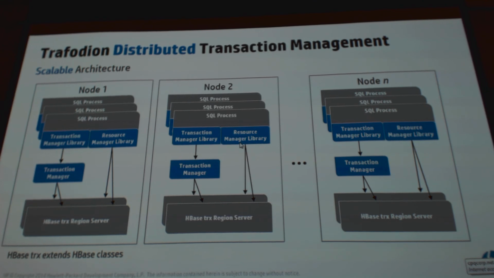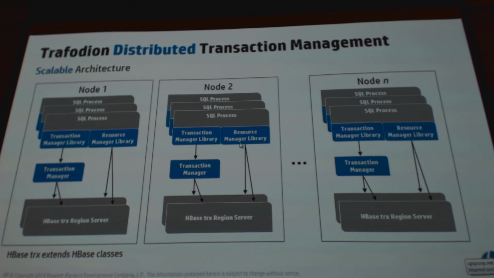And the region server can actually be managing multiple regions. And you could have multiple region servers per node. Generally speaking, you have one, but you could have multiple. The transaction manager library is the one that invokes the begin, the commit, the abort, and rollback, those kinds of things. And the transaction manager is the one that essentially coordinates that across the entire cluster.